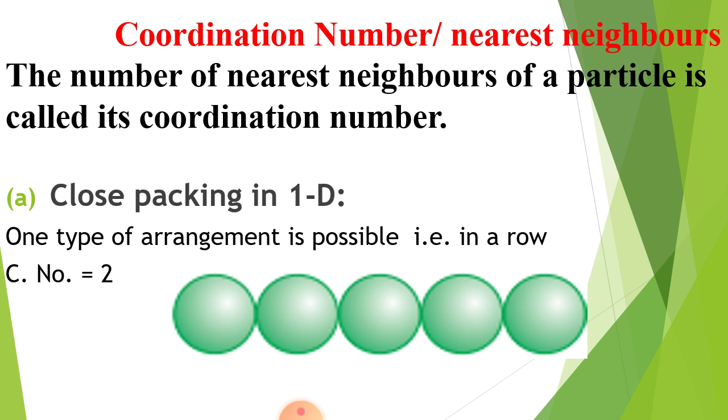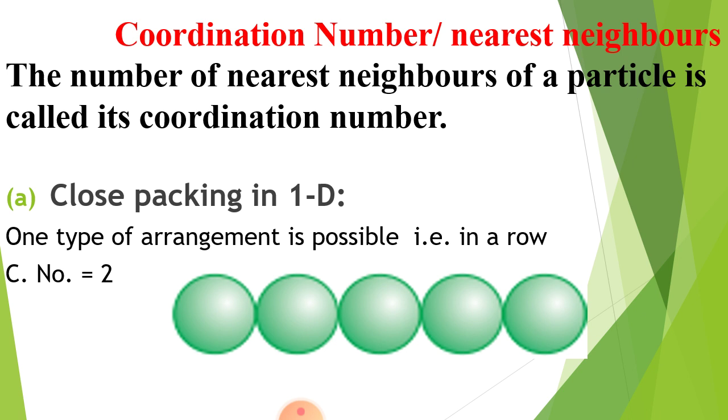Coordination number can be found in 3 types of close packing: 1 dimension, 2 dimension and 3 dimension.